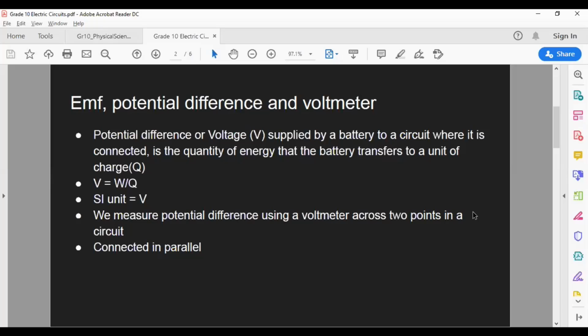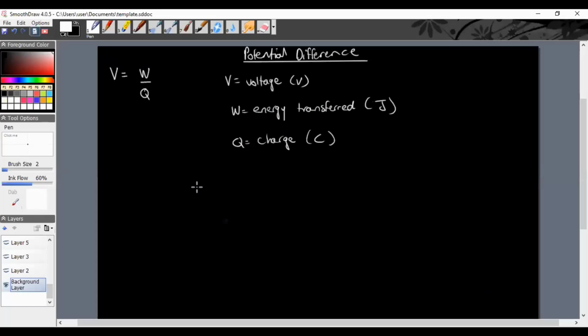An important thing to note about a voltmeter is that it is always connected in parallel. What do I mean by parallel? We know what parallel means from mathematics: if two lines go across like this, with these two little marks on them, we know they are parallel.